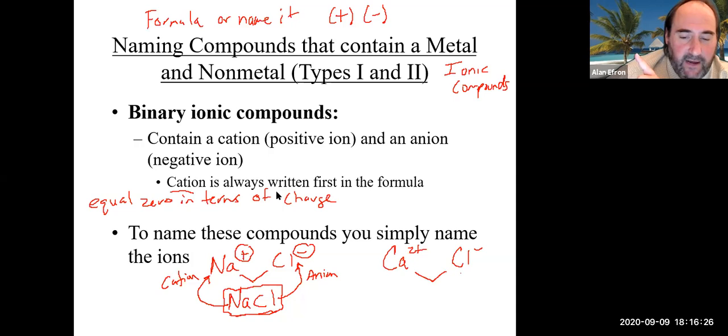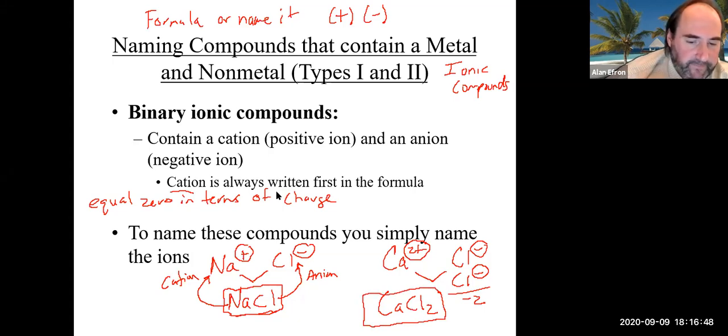And to balance it out, I need not one of these guys, but I actually need 2 of these guys. -1 and -1 give me a -2, which balances out the charge on the calcium of +2. And the correct formula here would be CaCl2. Also, the formula here has no charge. Positive guy first, negative guy second.